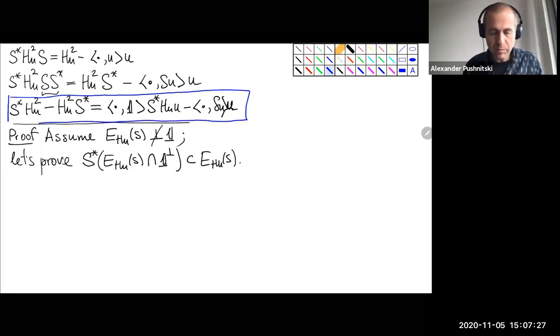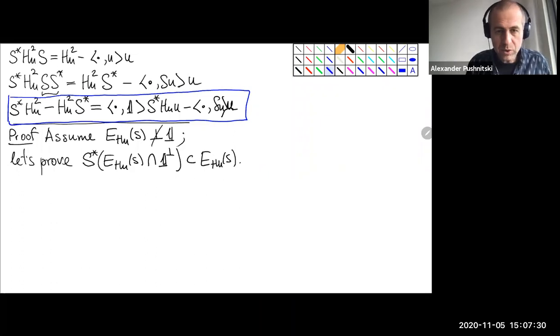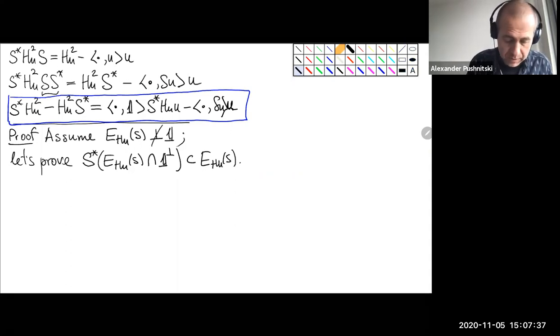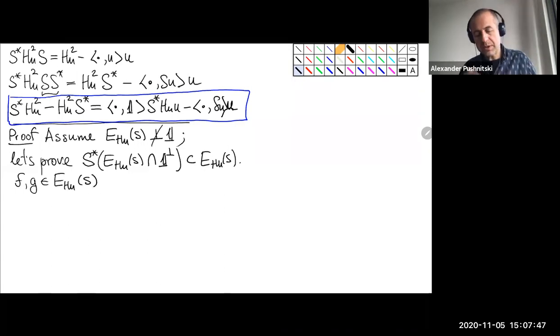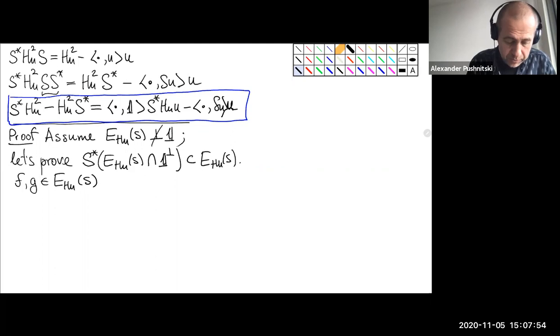So this identity in the blue box, I will apply it to two elements f and g from our Schmidt subspace. The reason I'm doing these calculations is I want to give you a taste of how this theory works. It's very, very algebraic. So let's apply this to f and g to look at the quadratic form of this tested on the elements f and g.